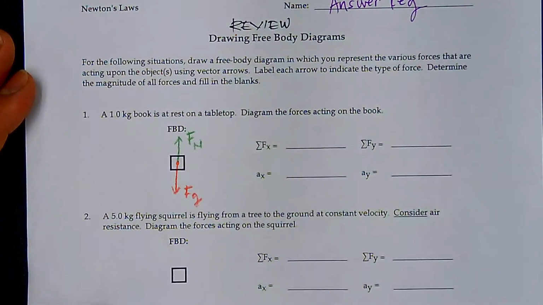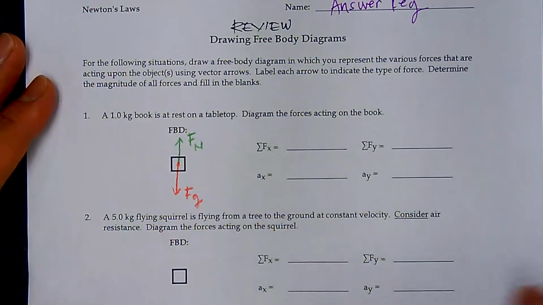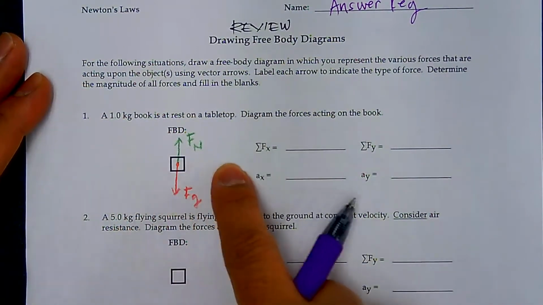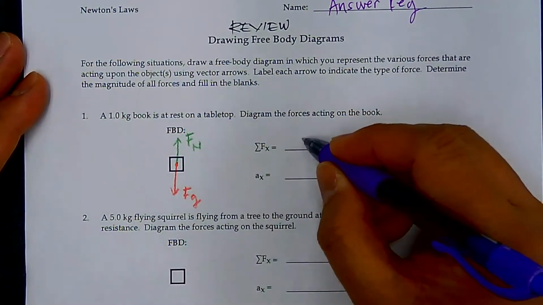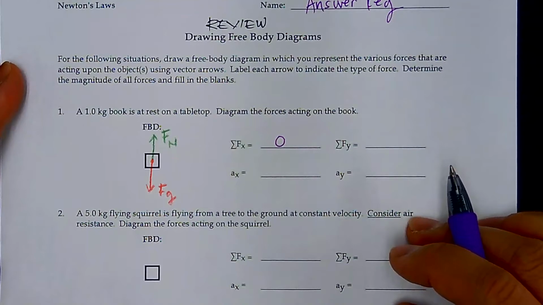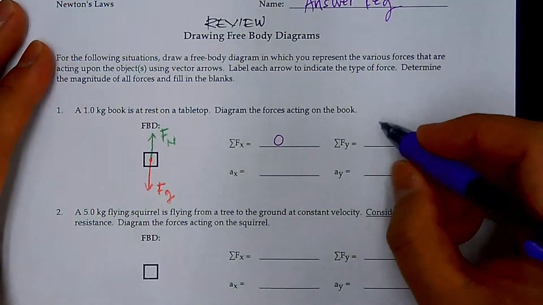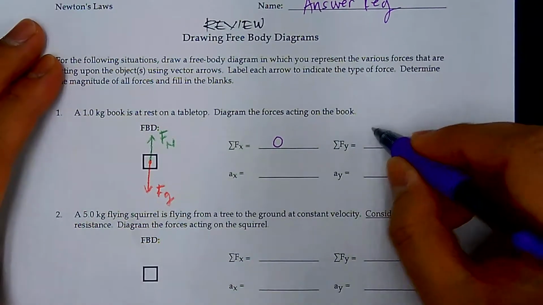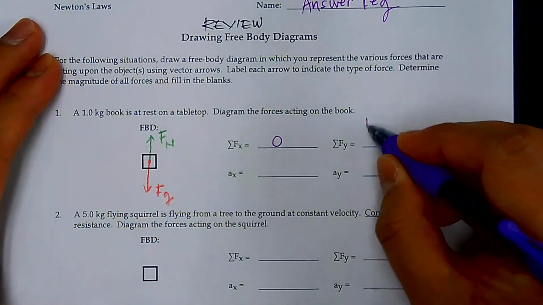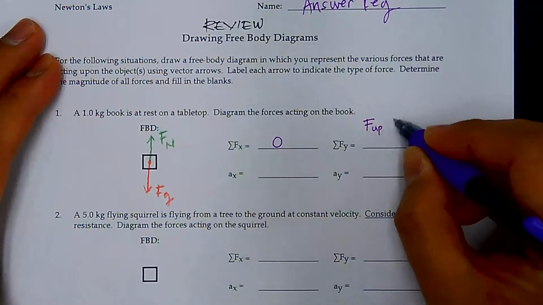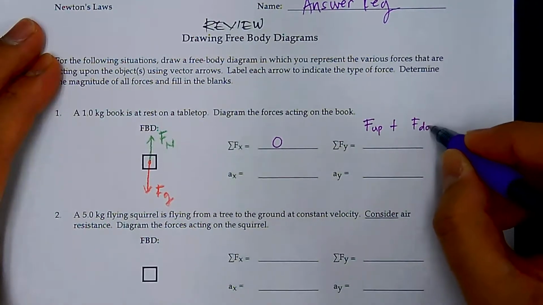Let's take a look at the sum of the forces on the x, which is the horizontal. There are no forces there, so we will write 0. What about the vertical? There are 2, so for the forces on the y, I will write force up plus force down.